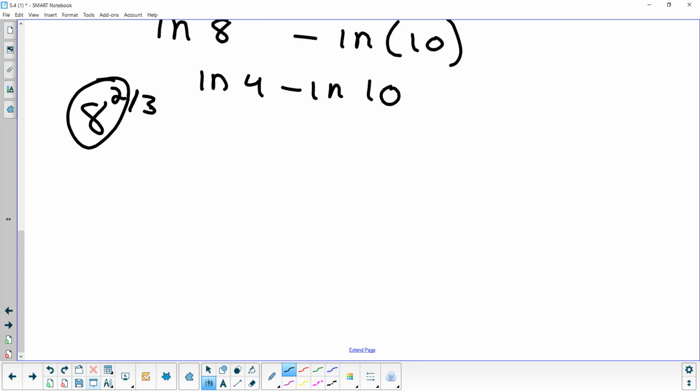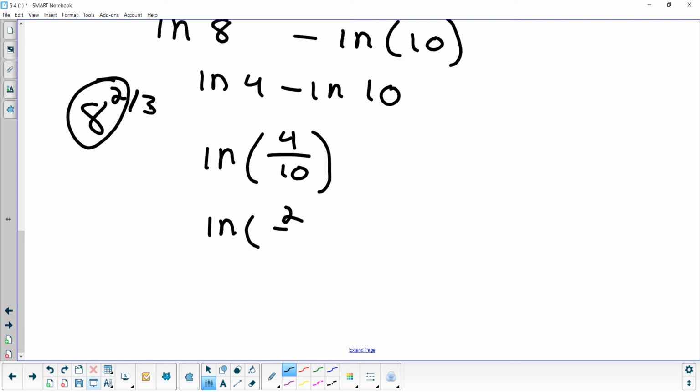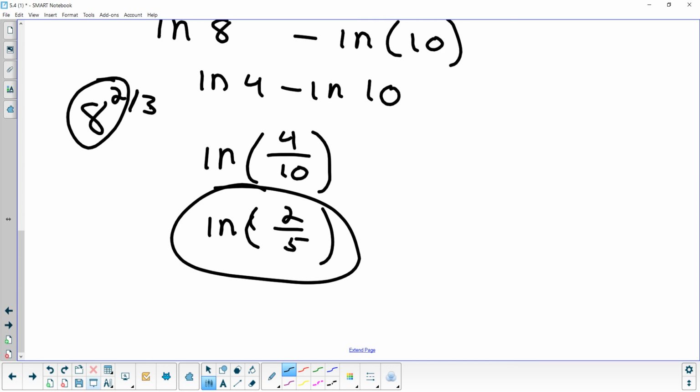When I combine them into a single ln, how is it going to look inside the parentheses? ln 2 divided by 5. I'll do it in 2 steps just so anybody watching understands what happened. You put them in as 4 over 10, and then he reduced it correctly to 2 over 5.